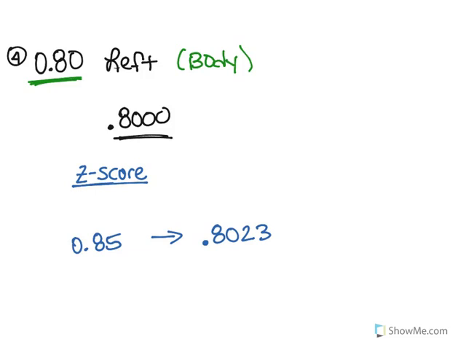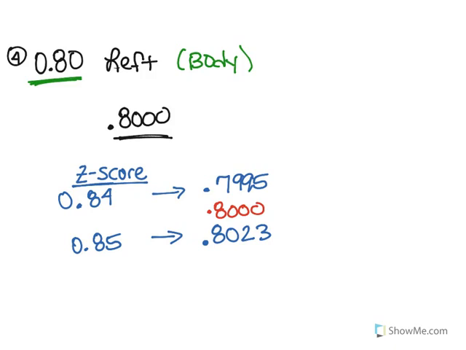So this number would definitely fall in between whatever 0.84's measurement is, which would be 0.7995, and 0.85's measurement, which would be 0.8023.